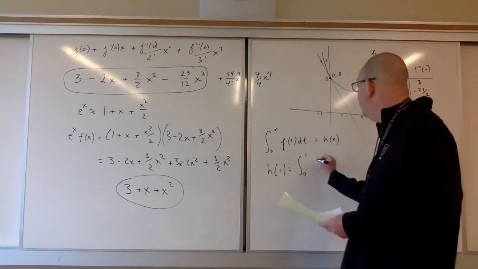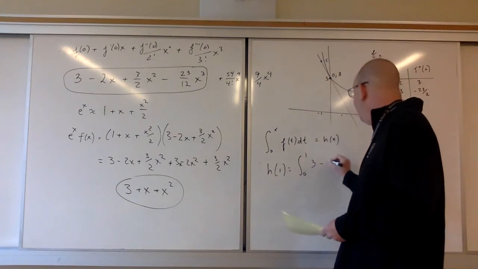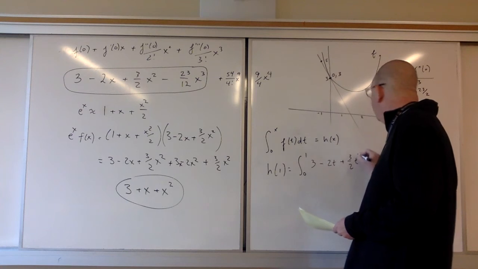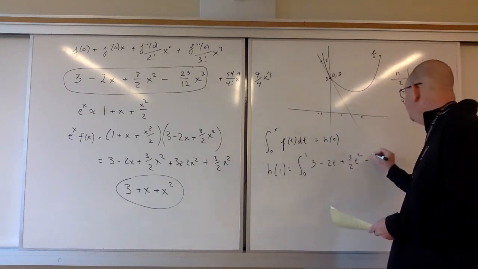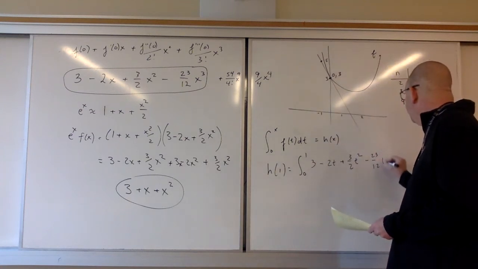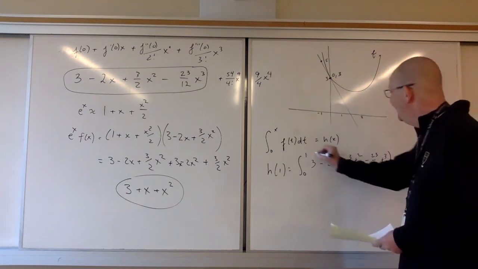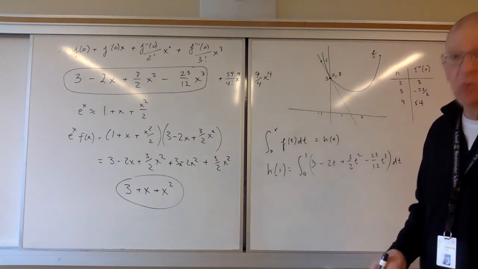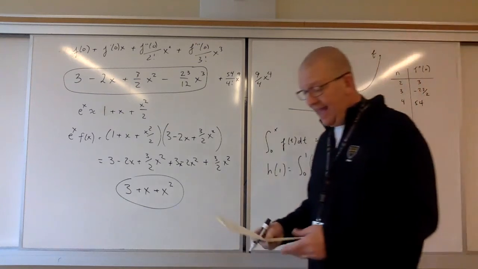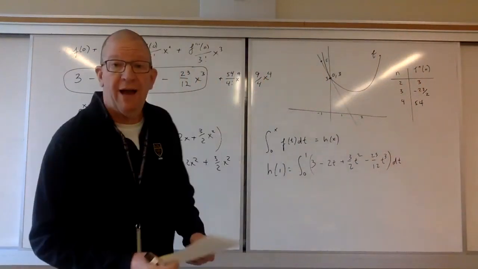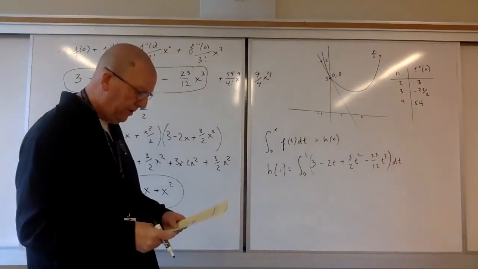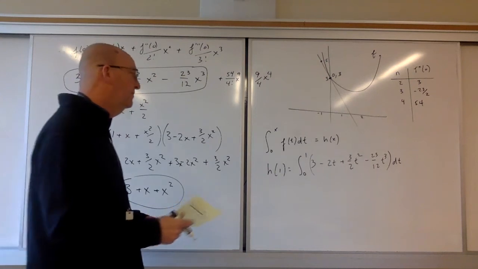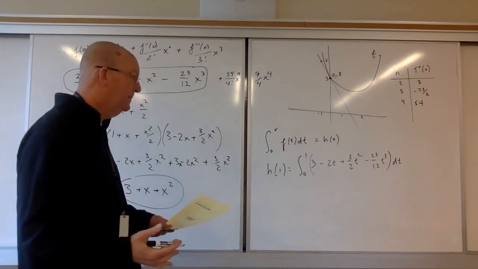And what are we going to use here? We're going to go 3 minus 2t plus 3/2 t squared minus 23/12 t cubed dt. Okay, let's grind that out, do some calculus, work that polynomial through, and do our magic and see what happens. Okay, so the first thing we're going to do is integrate.